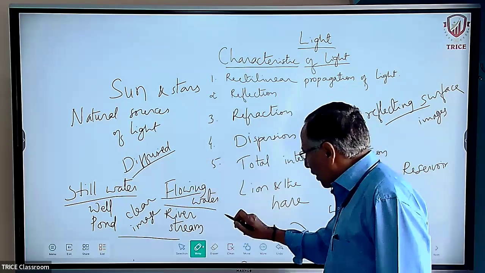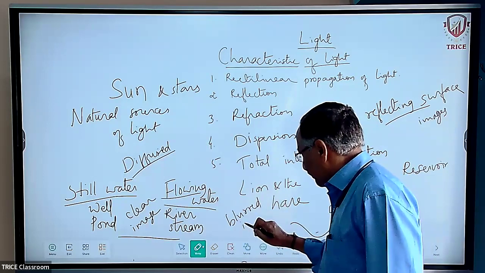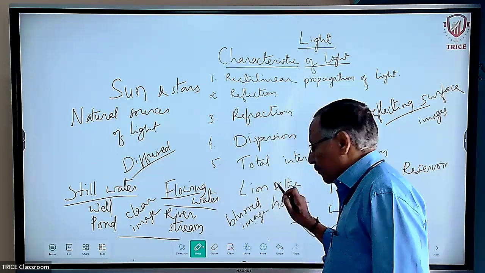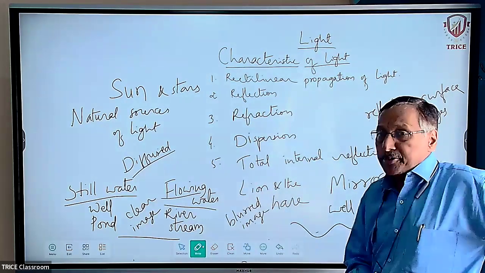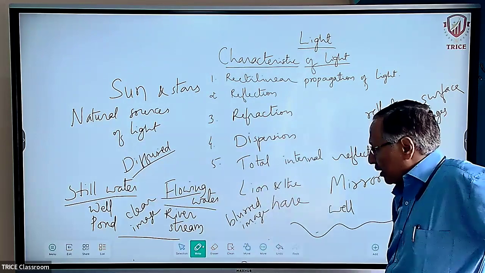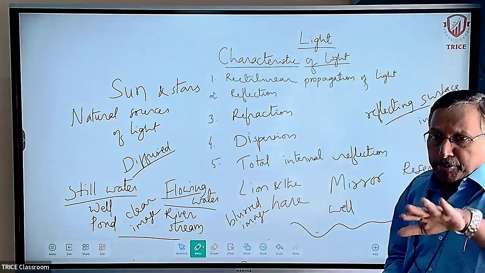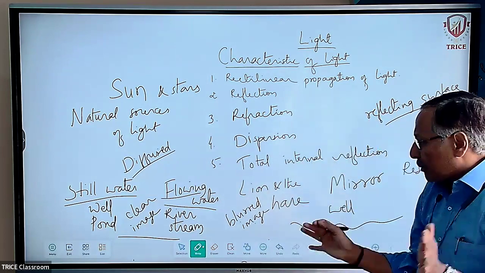Here you get a blurred image or distorted image. In case of still waters, you get a clear image. You can see your reflection, clear reflection. Whereas in flowing water, your image appears to be blurred, not clear at all. Part by part, you get a distorted image.